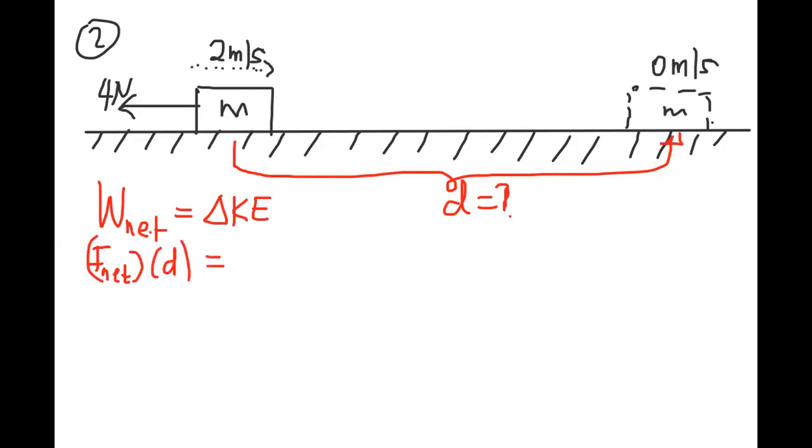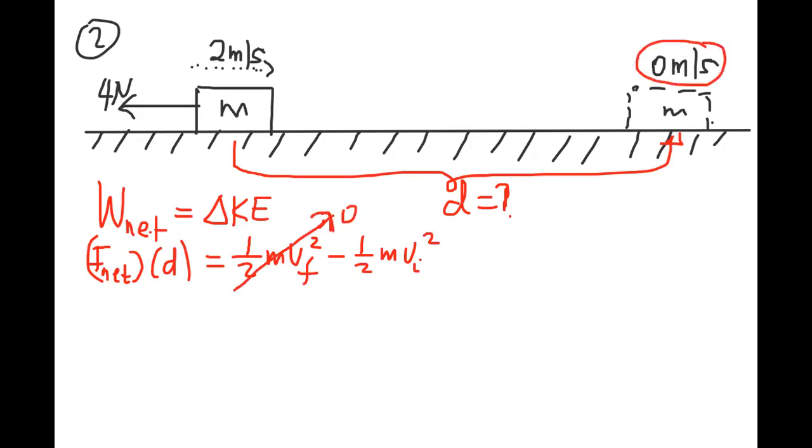The change in kinetic energy is 1/2 mv final squared minus 1/2 mv initial squared. In this case, the final value goes to 0 because the final velocity is 0 here. So everything here goes to 0.